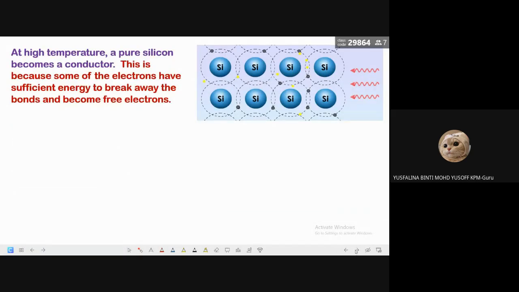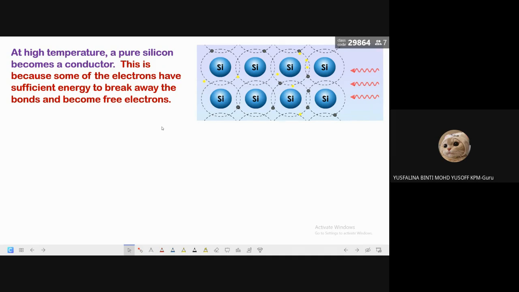Okay, so what happens at high temperature? At high temperature, pure silicon becomes a conductor. This is because some of the electrons have sufficient energy to break away from the bonds and become free electrons. So just now at low temperature, there were no free electrons.